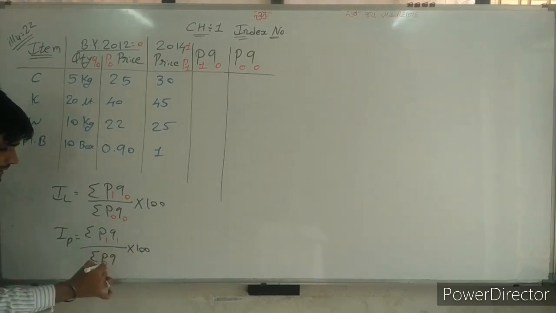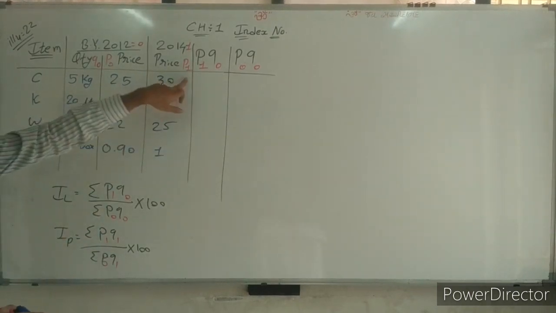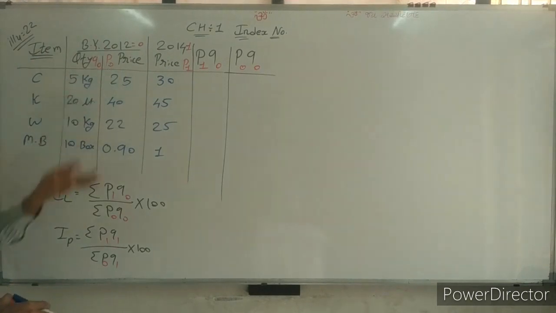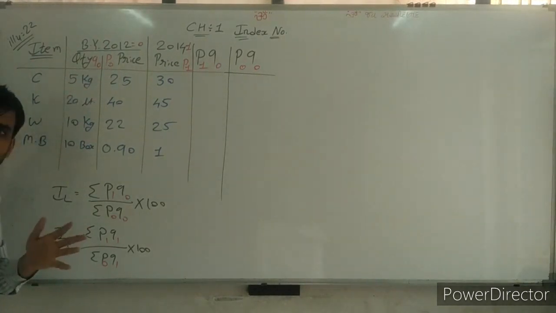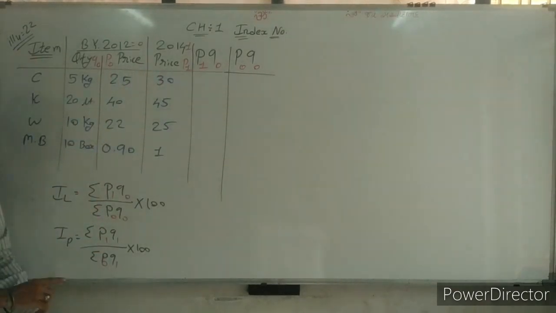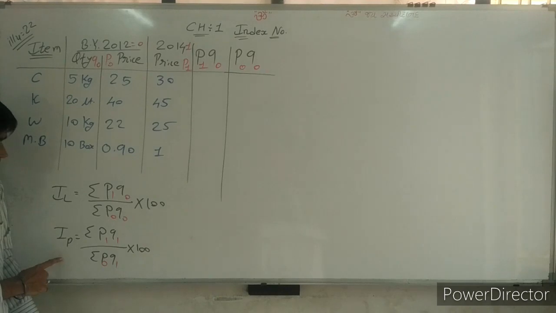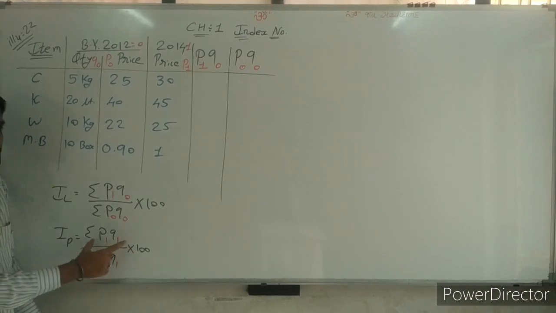Now think of Paasche index. Now think P1Q1. Is it possible? P1 is there. Is there Q1? No sir, there is no Q1. No information about Q1. So P1Q1 I cannot find. If I cannot find P1Q1, then Paasche index number is not possible. Only and only because there is no value of P1Q1.